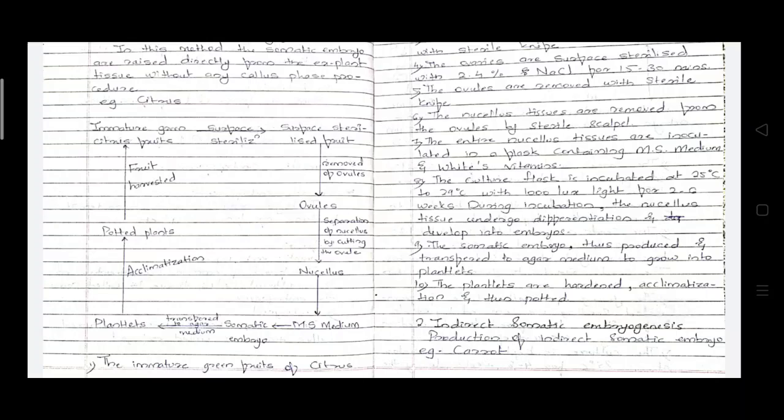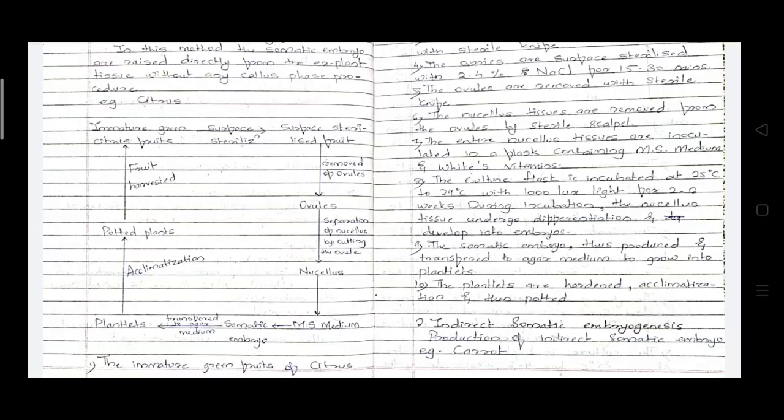They are transferred to pots; that procedure is known as acclimatization, and then these potted plants are slowly hardened, and the fruits are harvested from these plants. So this is the entire process of direct somatic embryogenesis.